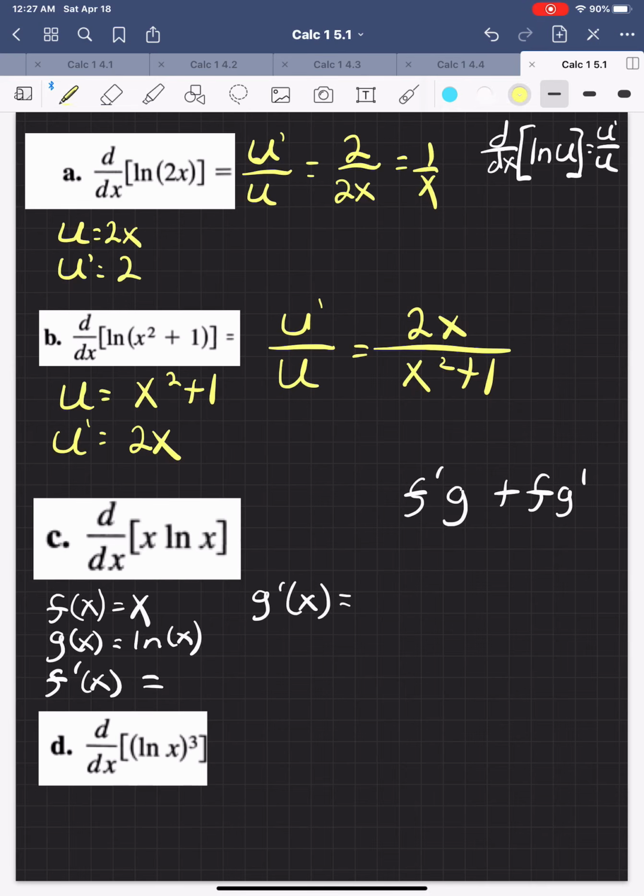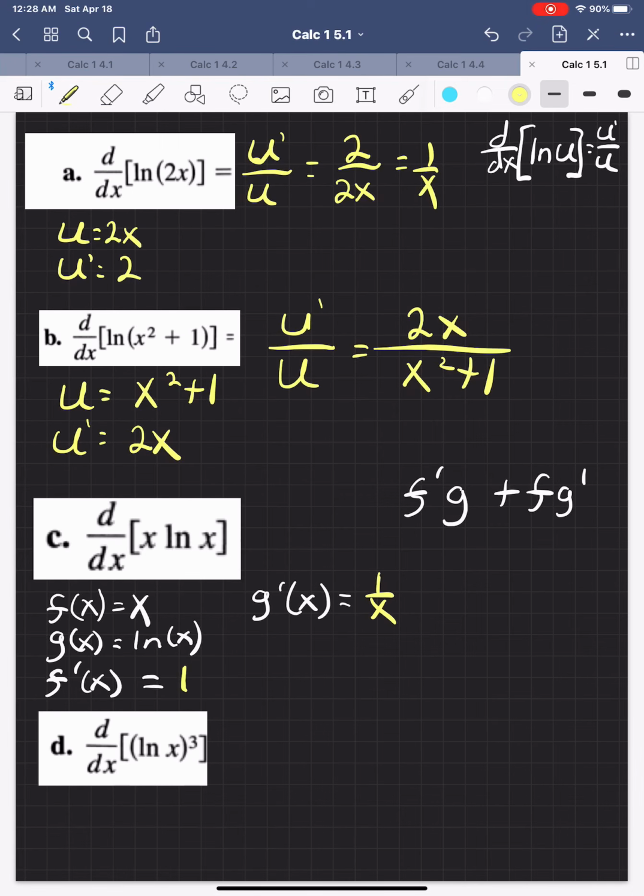So, okay, well, let's go ahead and answer this. Well, f prime of x, if f of x is x, then the derivative of x is just 1. And g prime of x, well, the derivative of ln of x is just 1 over x. Easy, right? So let's just put everything in the right spot.